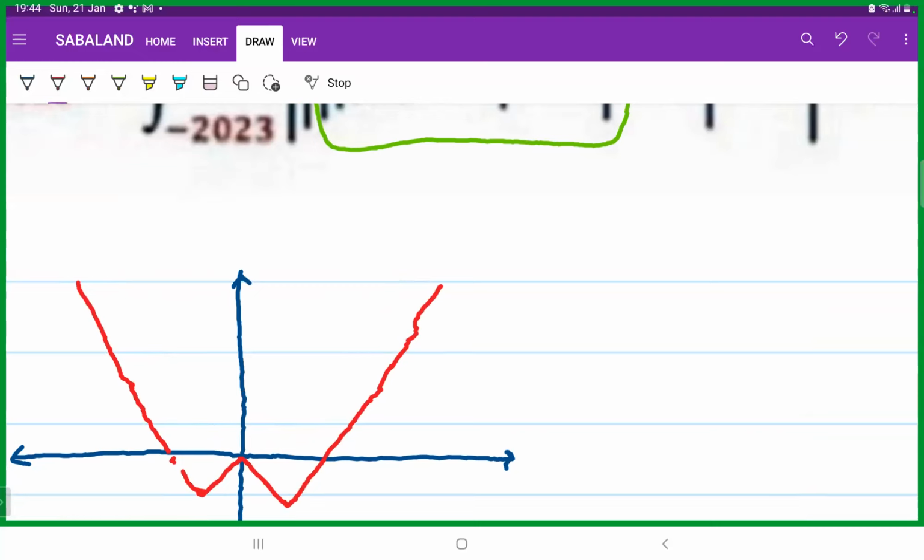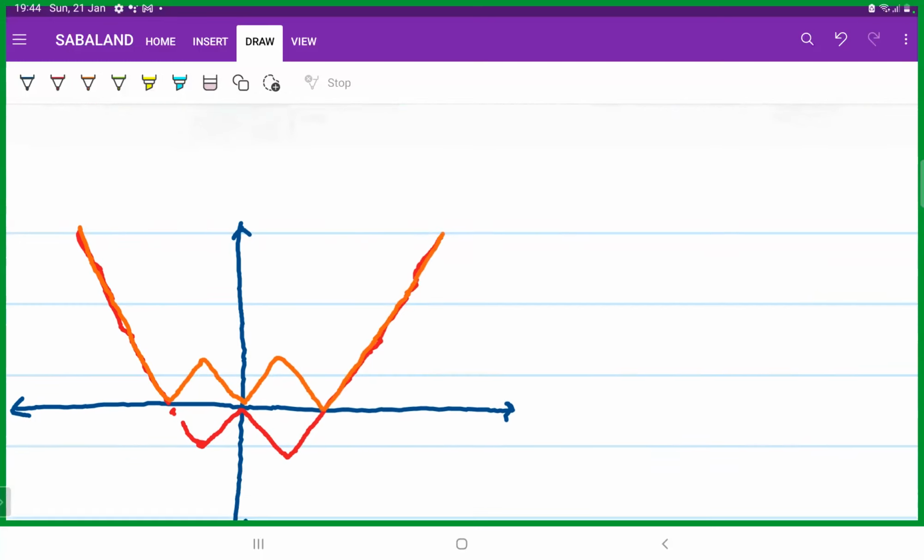This will happen. This is now the actual graph. Because this area which is below the x-axis will now move above the x-axis. Okay.